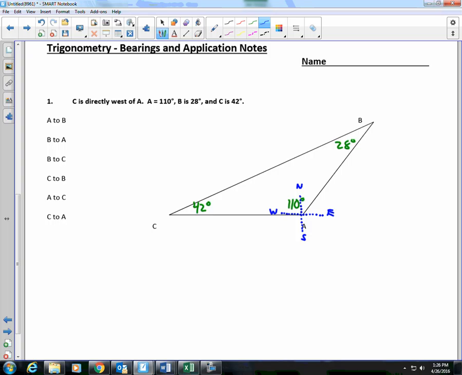Give me a directional bearing, okay? Not a number. Give me a directional bearing to get from A to C. Now, give me a numerical bearing.